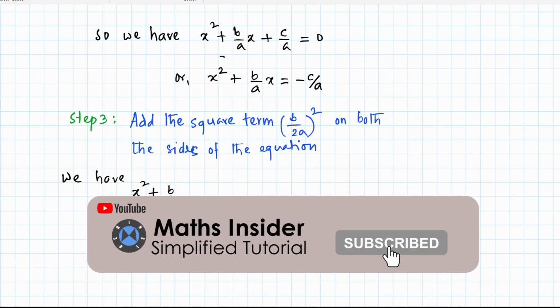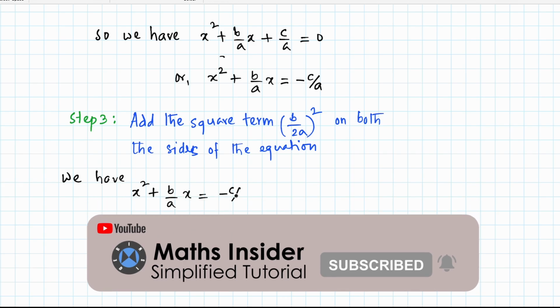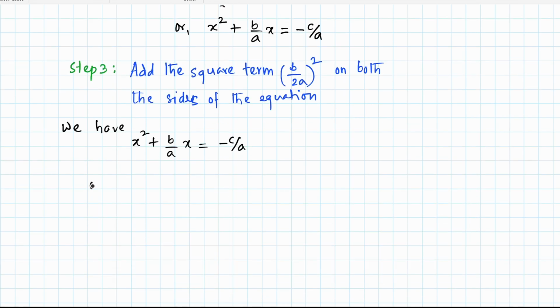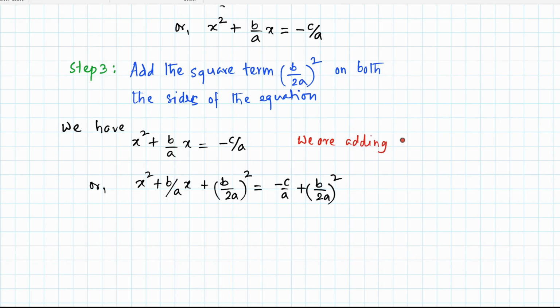So we have x square plus b by a x plus b by 2a whole square, which is equal to minus c by a plus b by 2a whole square. We are adding this on both sides of the equation so that the equation stays balanced.